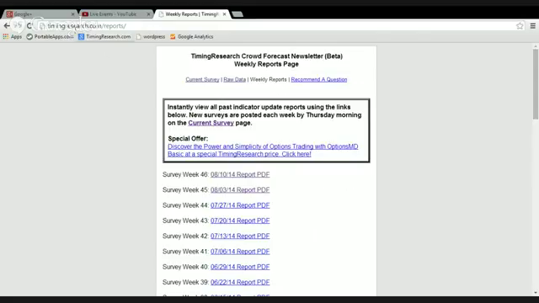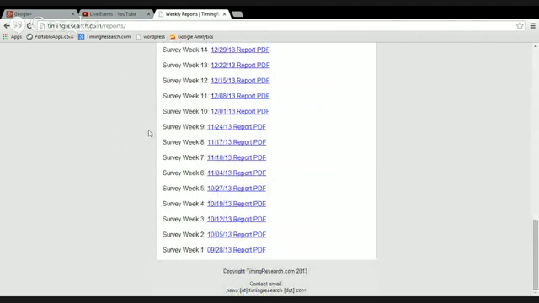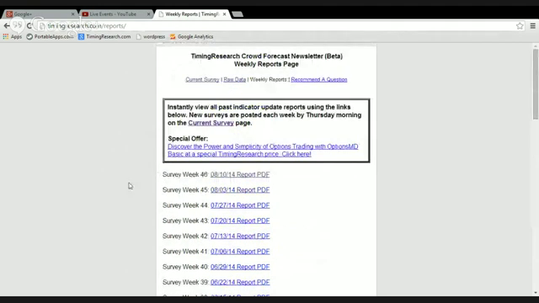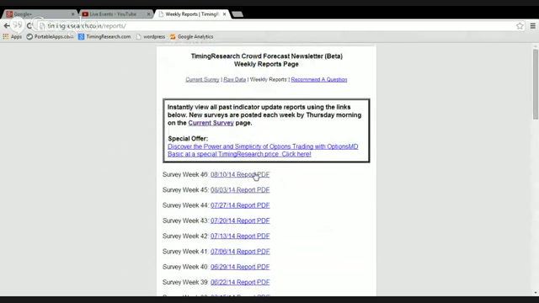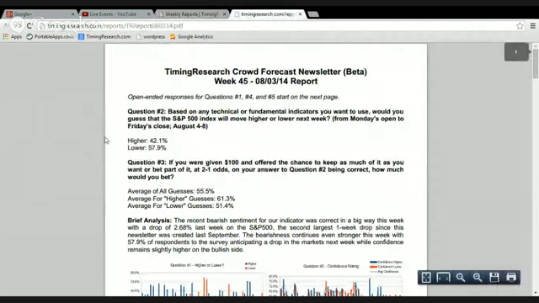So you can see on the TimingResearch.com/reports page, you can download all previous history of reports as well as the new one each week. So you can open up here, and so at the very beginning, first page, you'll see the current week's results starting out.